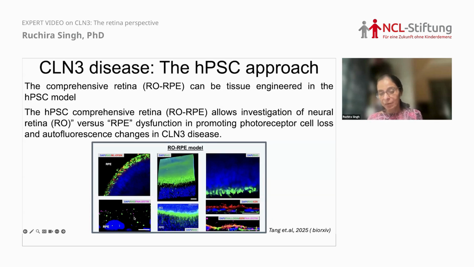And this is a day 7 culture. So this tells you that this is physiologically happening over time, where the RPE is ingesting the shed photoreceptor outer segments. And this is again showing outer segments on top of the RPE, outer segments in the RPE, as you would expect, and again showing the promotion of outer segments.